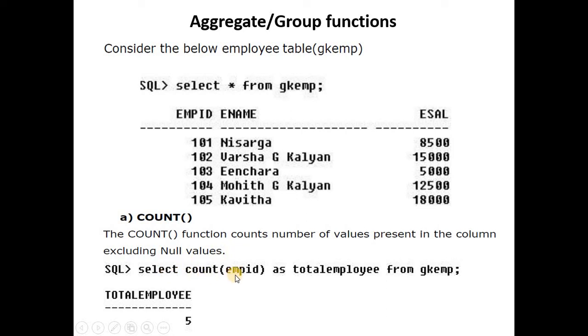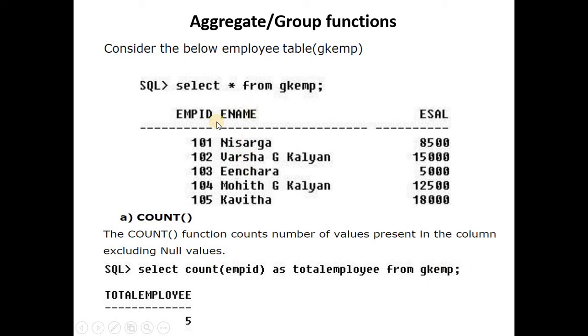Select count of employee IDs as total employees, just to display this value as total employees. As you can see here, total employees will be a temporary column, and there it should display the count. How many employees are there? It will just display 5 below that. So to do that, select count of employee IDs and display this value as total employees, right, from GKEMP. I hope you got it, right?